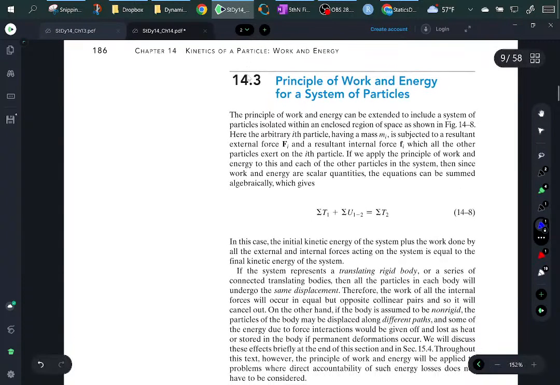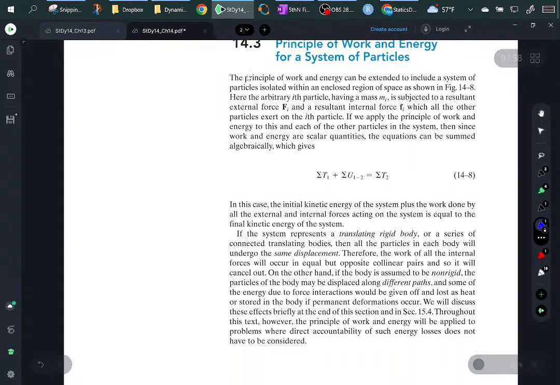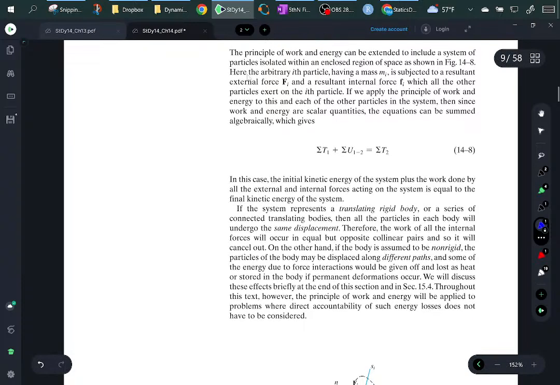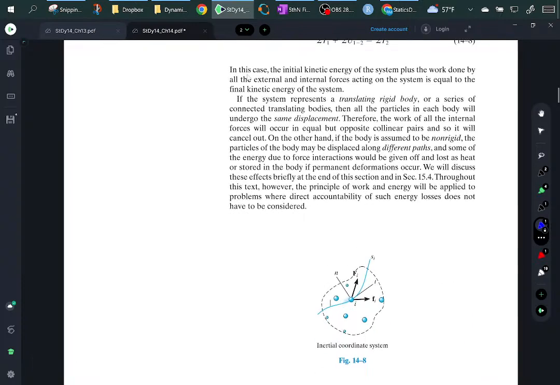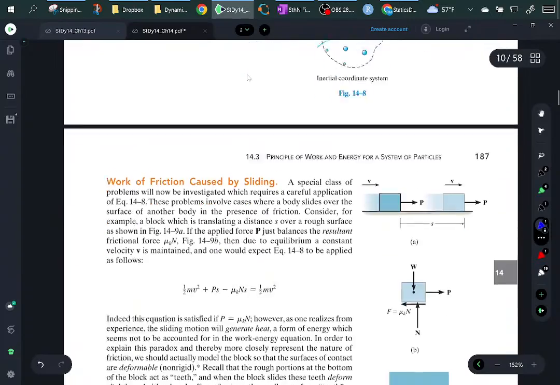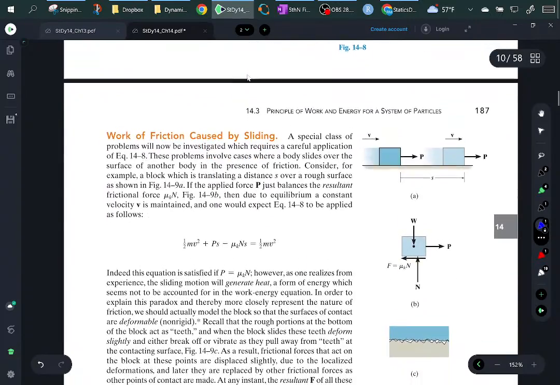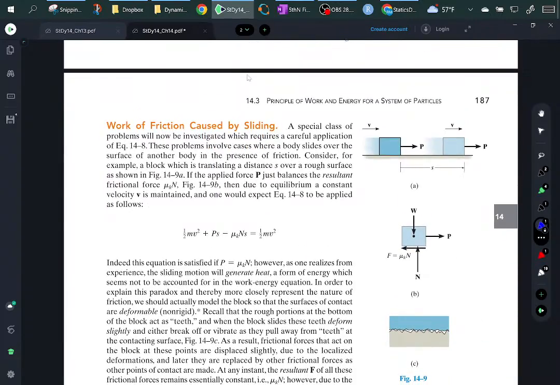And then a few seconds later, he'll have principles of work of systems of particles. This is the fact that you might have 4 or 5 particles in there. All you have to do is add up the work and energy on all of them. Now he says, hey, wait a minute, it's possible that I have friction.